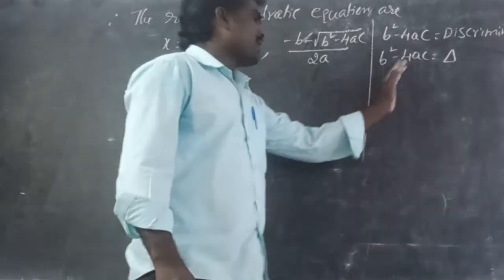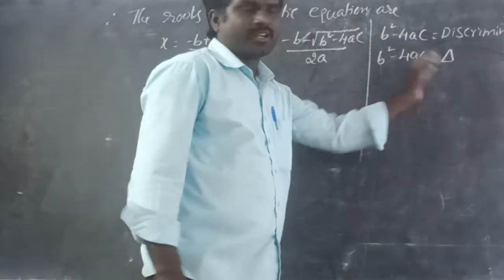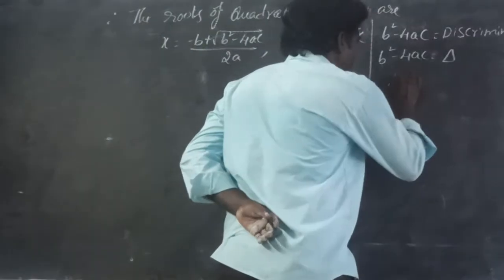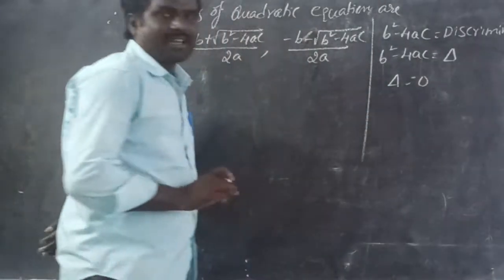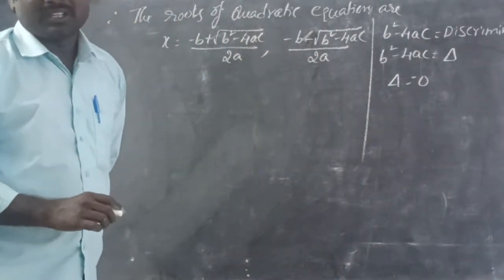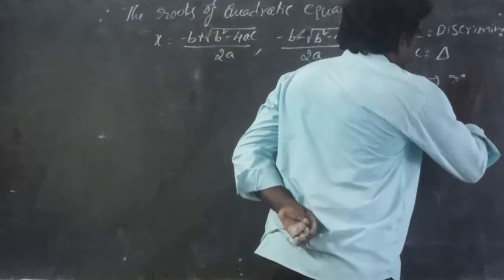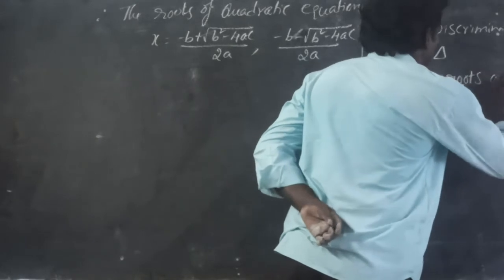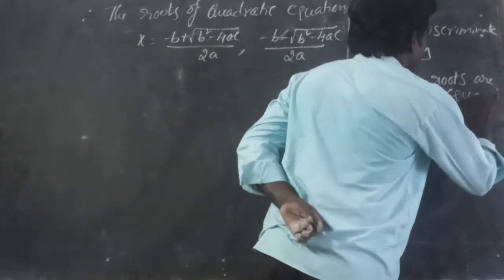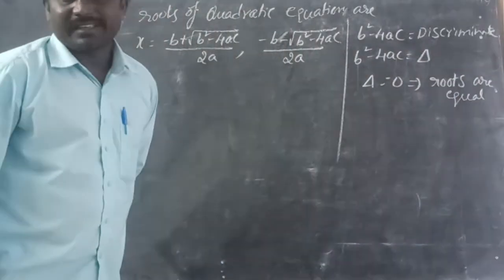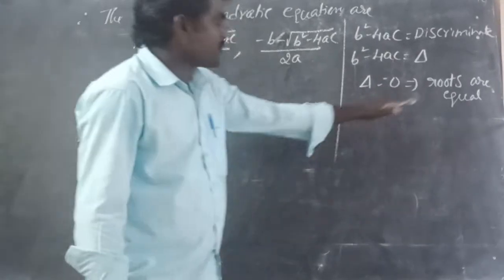It is denoted by delta. So if delta is equal to 0, then the roots are equal.